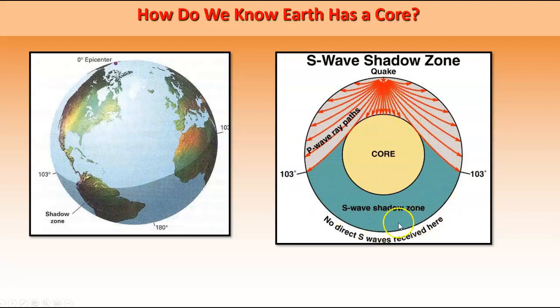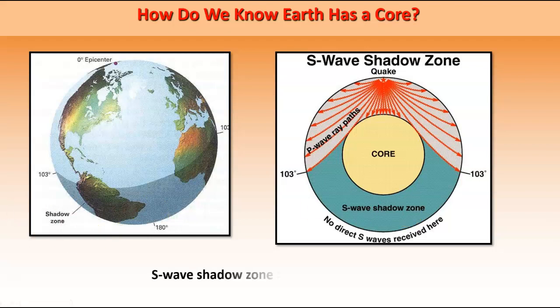So my shadow zone would be much smaller. So the size of the shadow zone is indicative of the size of the core that is liquid, right? This is how we can draw that circle at that depth and say, hey, this is a boundary between the mantle and the core, which is liquid, at least at this point.